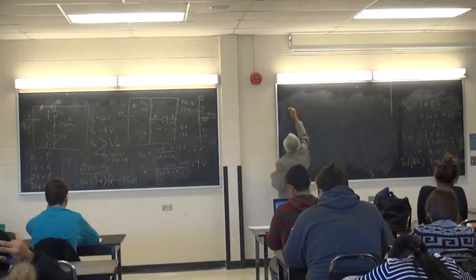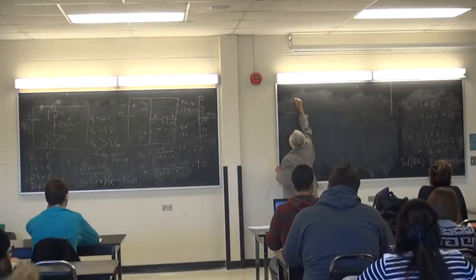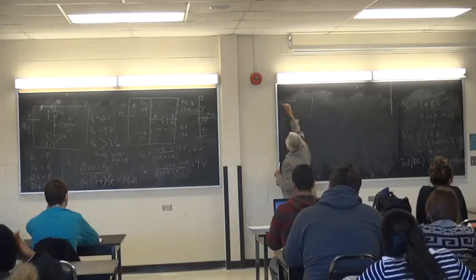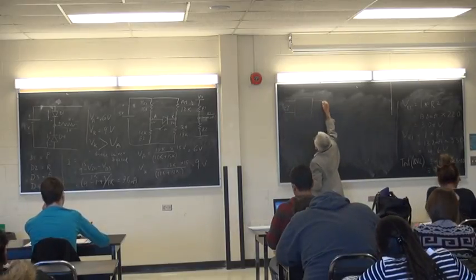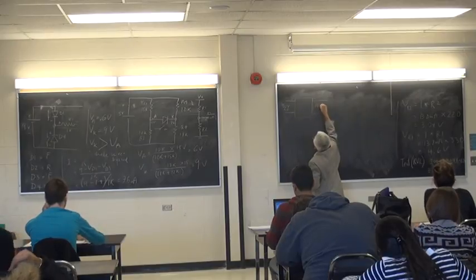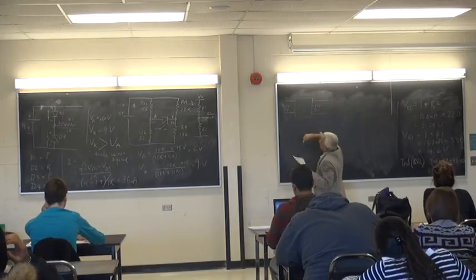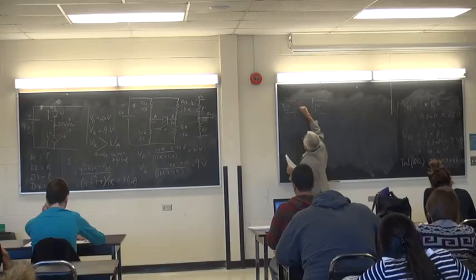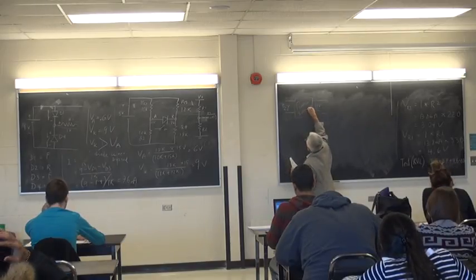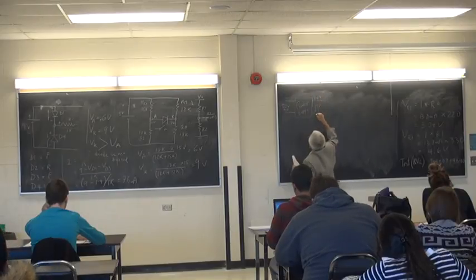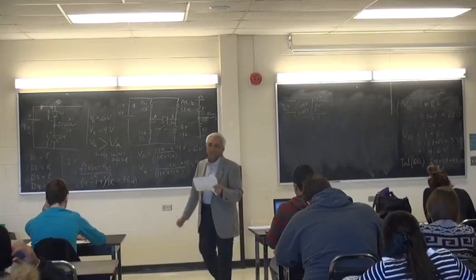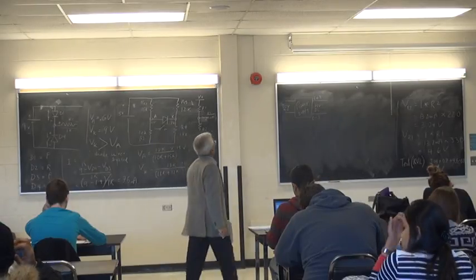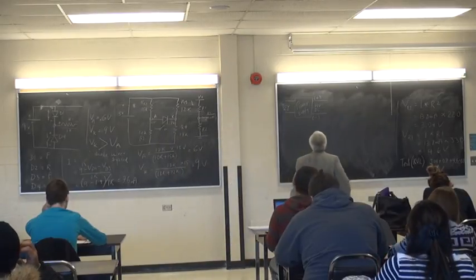So, 120 volts AC, 15 volts DC. Power supply. Plus, minus. That's the first part of my circuit. In the UPS system, I've got 120 volts coming in.